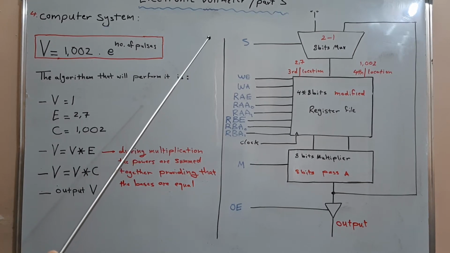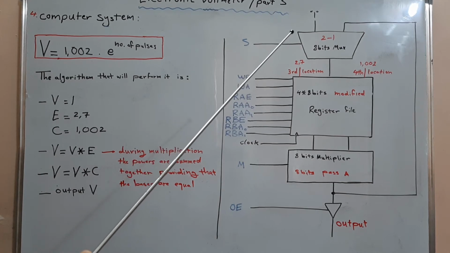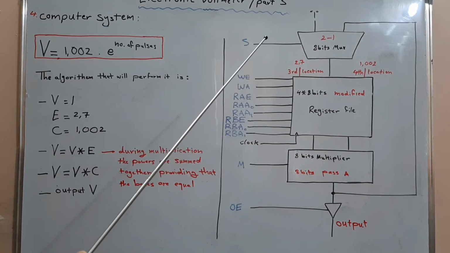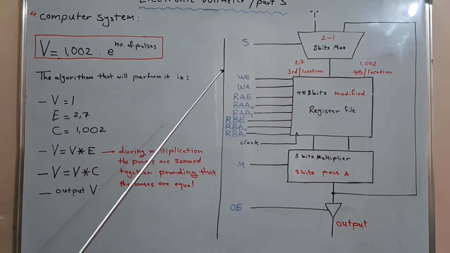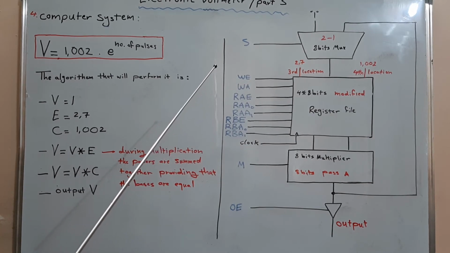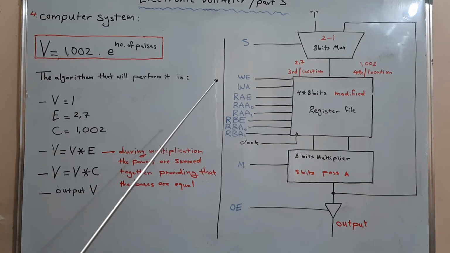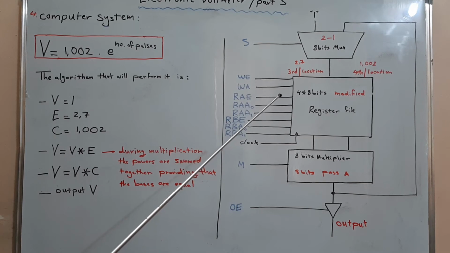S is to pass 1 or the value from the feedback loop through the multiplexer to the register. WE is to enable the decoder of writing, and WA is to write a value in the first or the second locations of the register file.